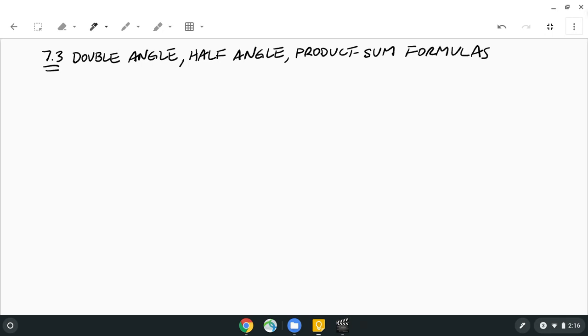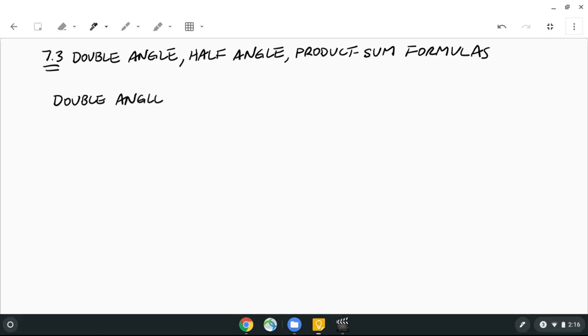I will not write all of the product sum formulas here. I will do the double angle. I'll put them here so that we can just look at it as we do the examples.